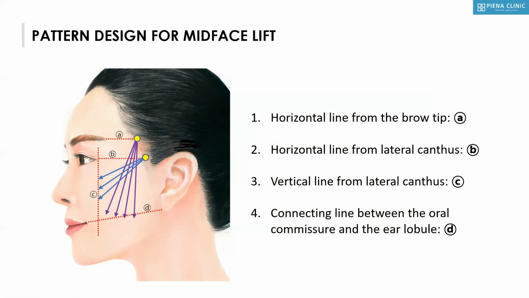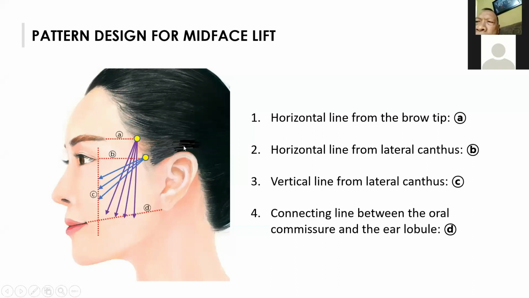At the midpoint, at the point where the line A and B meet the hairline, entry points can be marked. Thread insertion from these 2 entry points to the lower and mid face can provide an effective lifting.